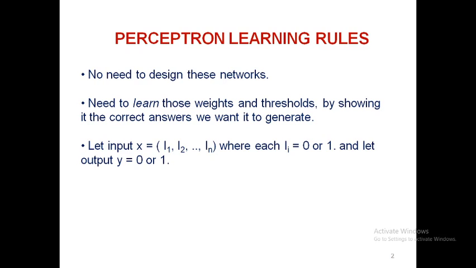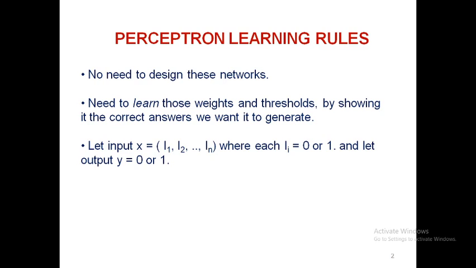Just by showing it the correct answers, we want to generate the same output. That means by changing the weights and thresholds for the given input, we need to get the required output. The required output needs to be provided by the user.